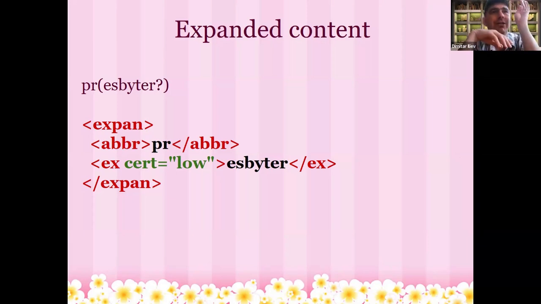So you have the whole thing encompassed in expan. You have the abbreviated part, per, and then you have the expanded part, which visualizes in round brackets in our editorial text as byter, but you want to put a little question mark in there and indicate that you're not 100% sure that this per stands for the word presbyter. So you can add certainty low here. You can add certainty low in many instances and in many places in the code.